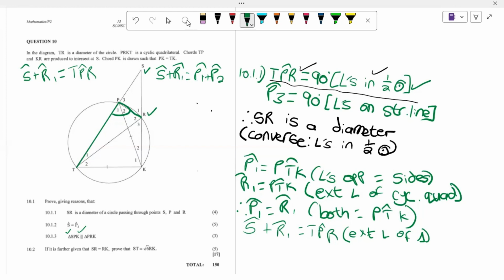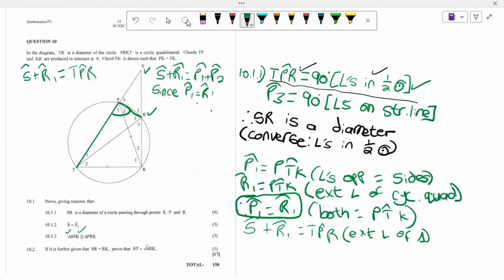So another way we can write it is P1 plus P2. Remember, we know that P1 is equal to R1, because they are both equal to PTK.